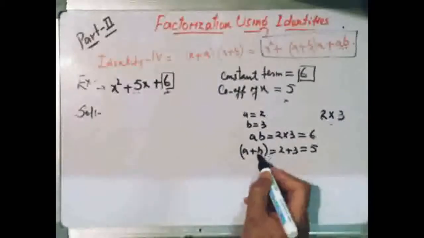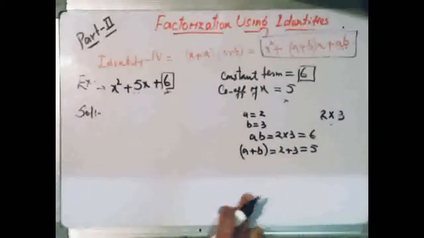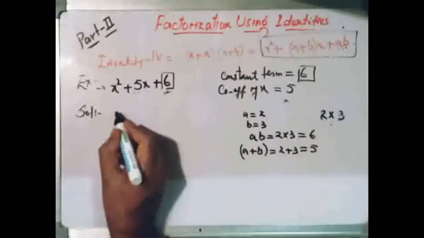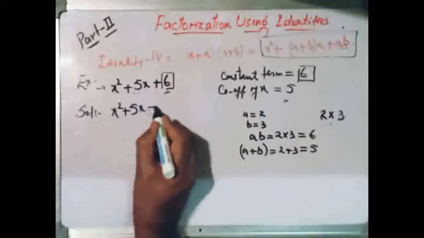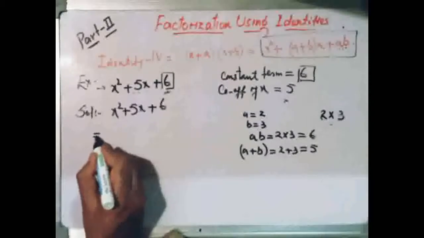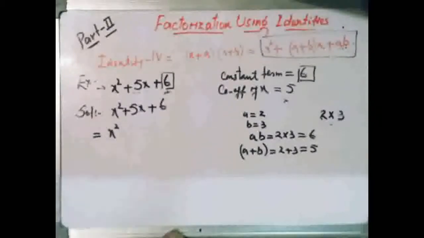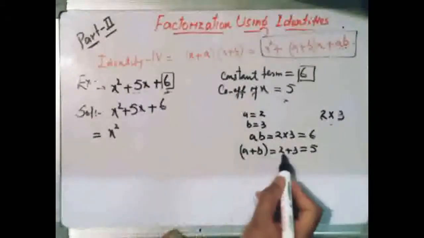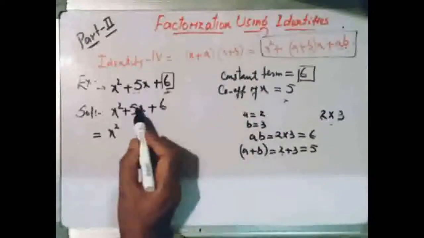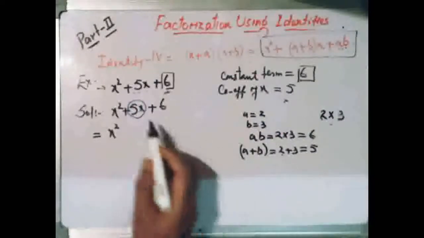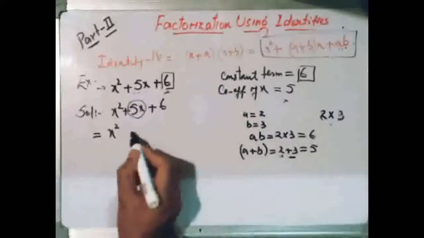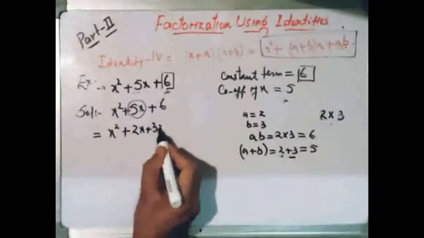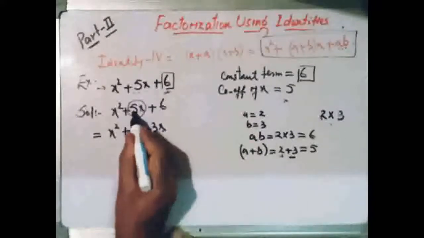Now putting these values, x square plus 5x plus 6 is equal to x square plus, instead of 5x, we break it into 2x plus 3x. 2x plus 3x is equal to plus 5x.